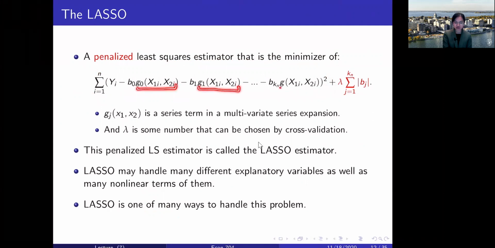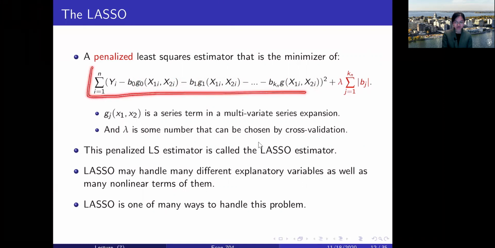These are just known series functions, series expansions of EY given x1, x2. So these are basically polynomial or other nonlinear functions of the two explanatory variables that you have. So this may be polynomial, this may be an interaction, this may be interaction between x and x squared, and so on. You can include many such functions.